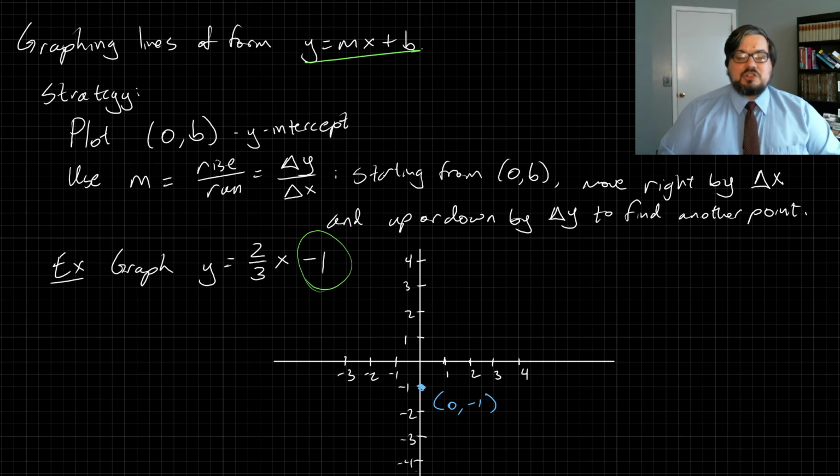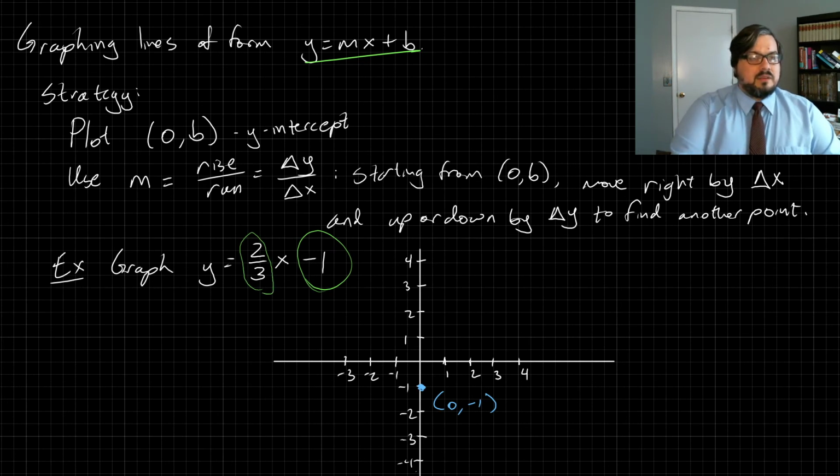And that's going to be sort of our starting point, our anchor. Everything that we do next is going to be based off of this. And now we're going to look at our slope, 2/3. So we have that our slope is 2/3, which is the rise over the run.